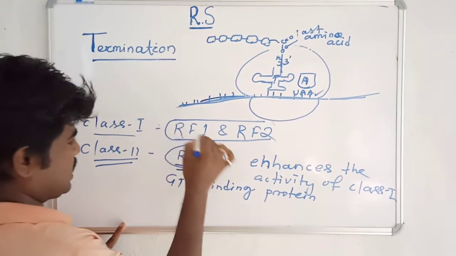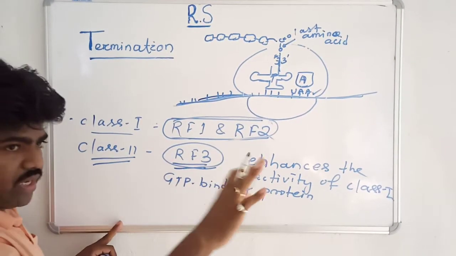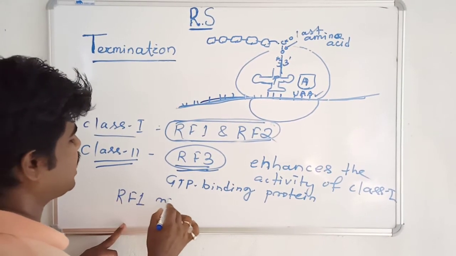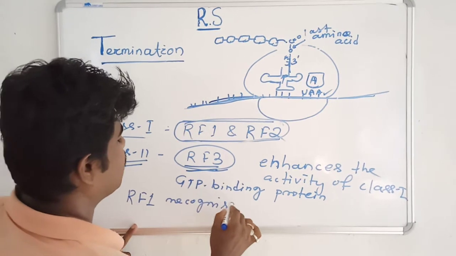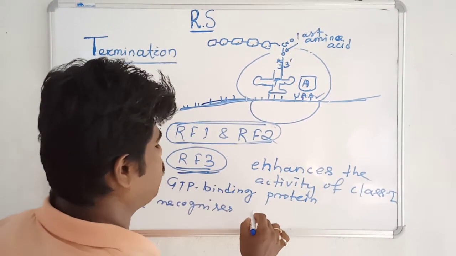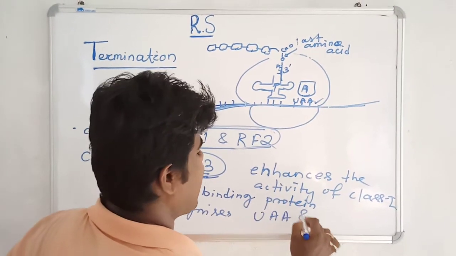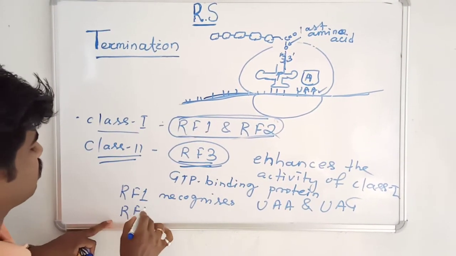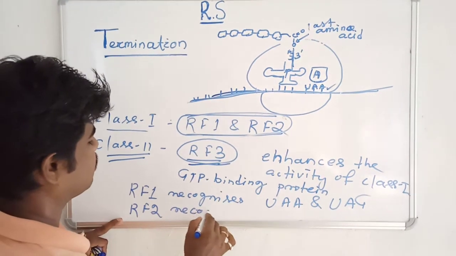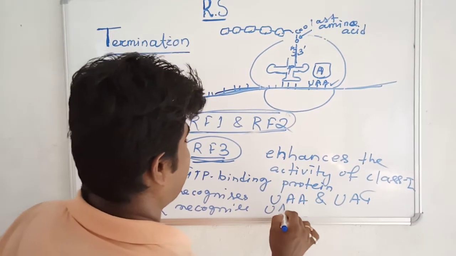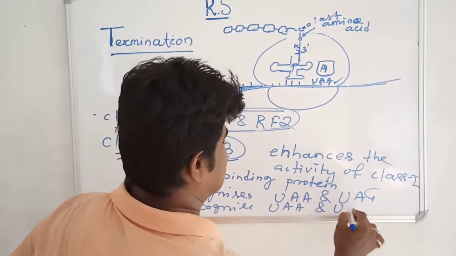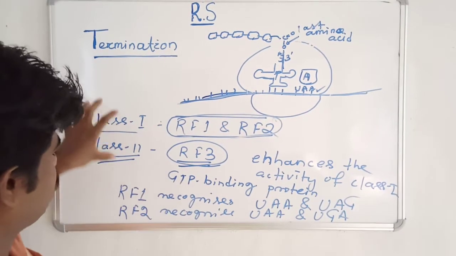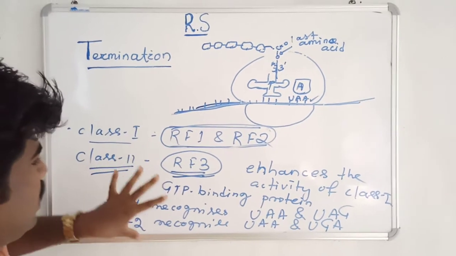So the role of RF1 and RF2 is to recognize the stop codon. RF1 recognizes the stop codons UAA and UAG, and RF2 recognizes UAA and UGA, right? So these are the roles of class 1 and class 2 release factors.